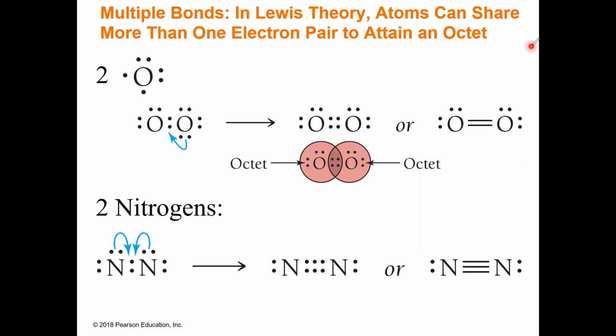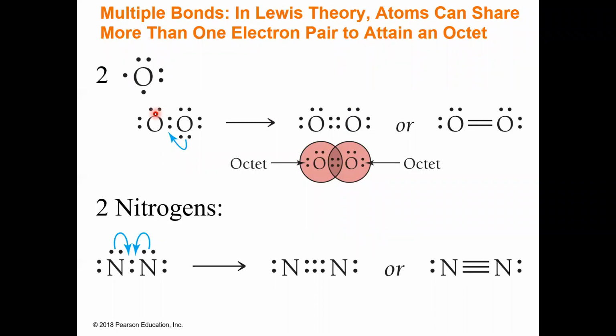So when we're forming a molecule of 2 oxygen atoms, each oxygen atom comes with 6 valence electrons. If we were to form just a single bond between these 2 oxygen atoms, we would have an octet for one of these oxygen atoms, but for the other oxygen atom, we would not have an octet yet.